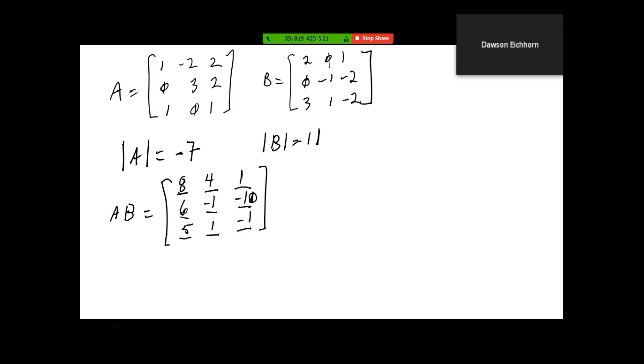Now, what we want to do now is find the determinant of AB. If my pen would write. Okay. Determinant of AB. Now this is a pretty ugly matrix here.